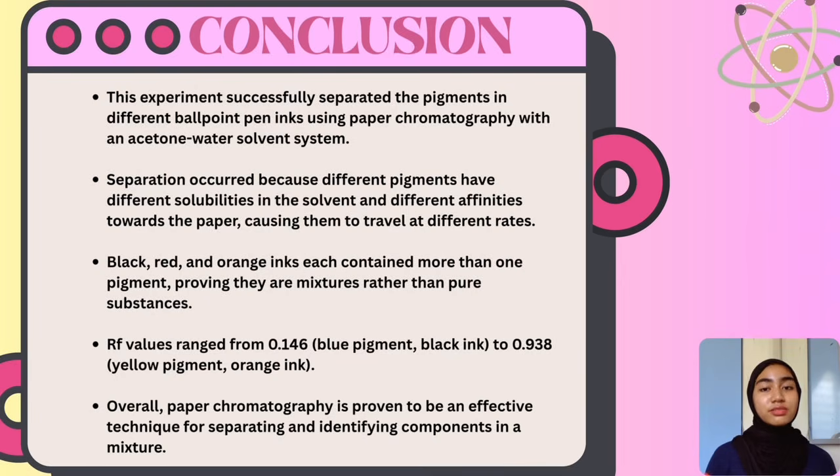This gives us different RF values for each pigment, the lowest being 0.146 for the blue pigment in black ink and the highest being 0.938 for the yellow pigment in orange ink. We also found that black, red, and orange ink each contain more than one pigment, proving that they are all mixtures. Overall, this experiment proved that paper chromatography is a simple but effective technique for separating and identifying components in a mixture. Thank you.